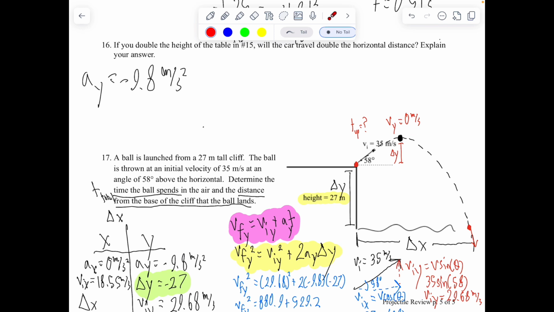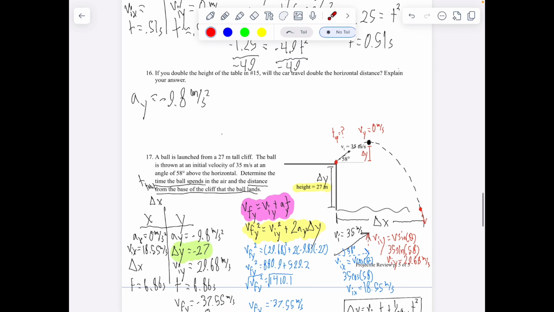Your initial velocity in the y direction would be 0. You're going purely to the right. You are going to fall down this height you calculated, and then you are going to fall down this 27. So your total delta y will be both of those added together as you fall down all the way to the base of the cliff.